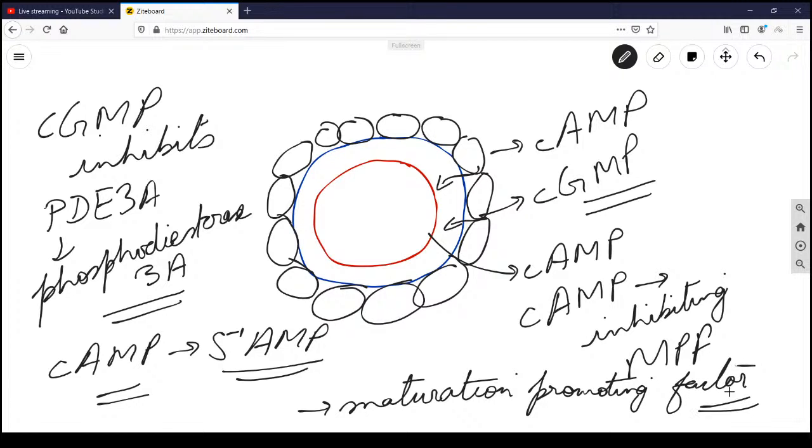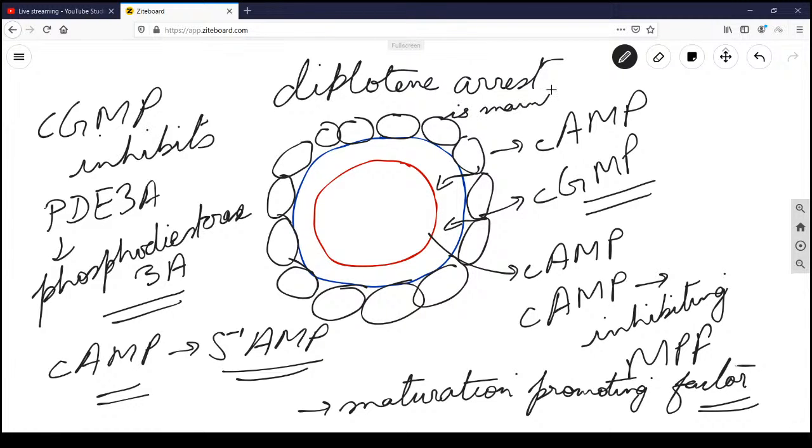So if this is inhibited, the cell stays arrested in the diplotene stage. This is how the diplotene arrest is maintained.